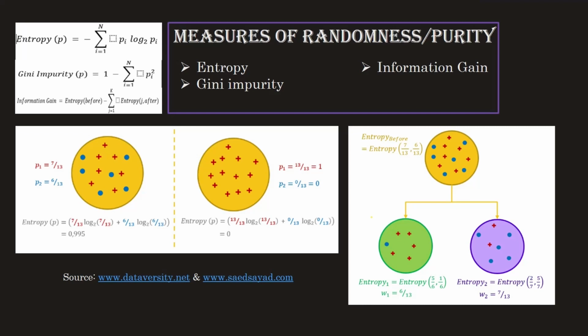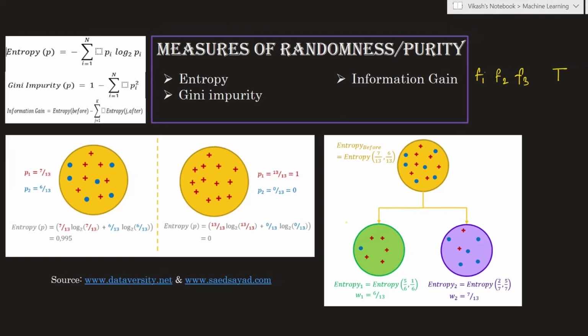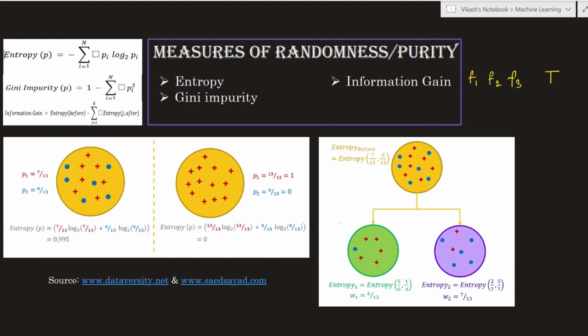Now let's say within a data set you have 3 features like F1, F2 and F3, and there is one target variable, let's say T. The question was, how do we decide which of these features needs to be split first? And when we are using entropy, what it does is it checks with each and every feature. And let's say F2 has the lowest entropy.